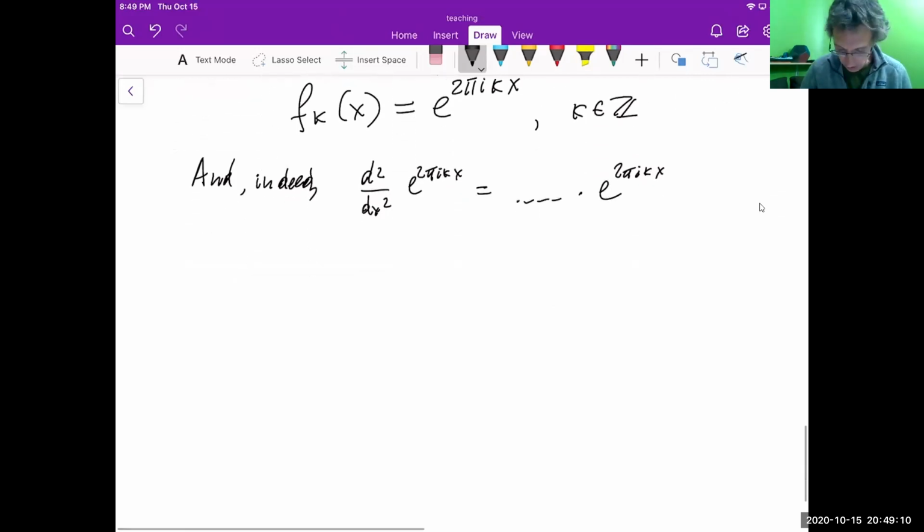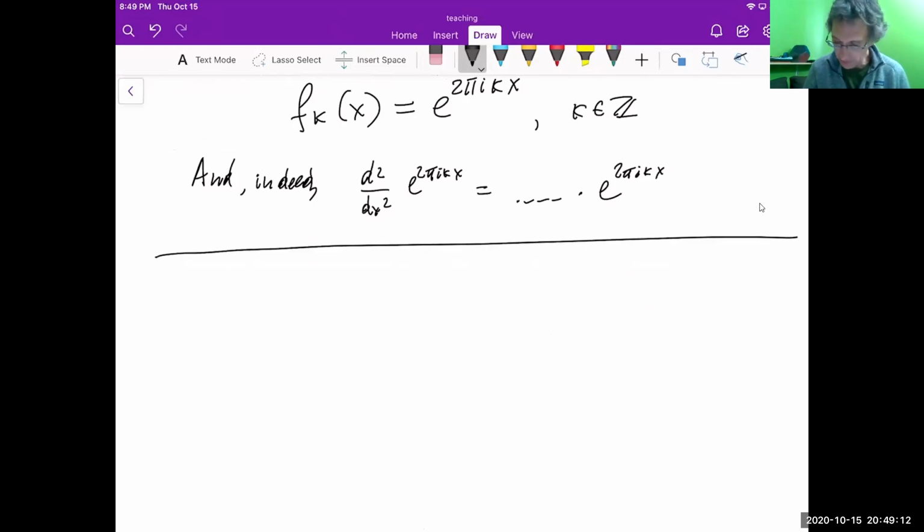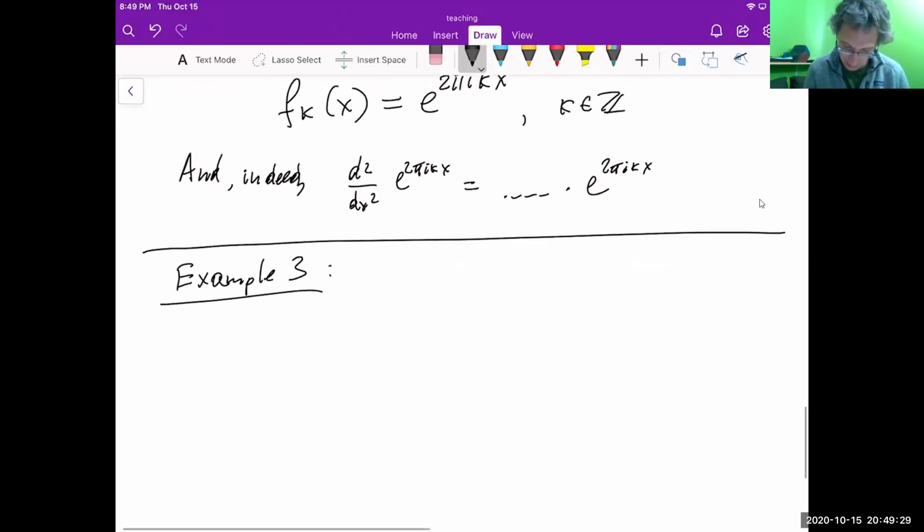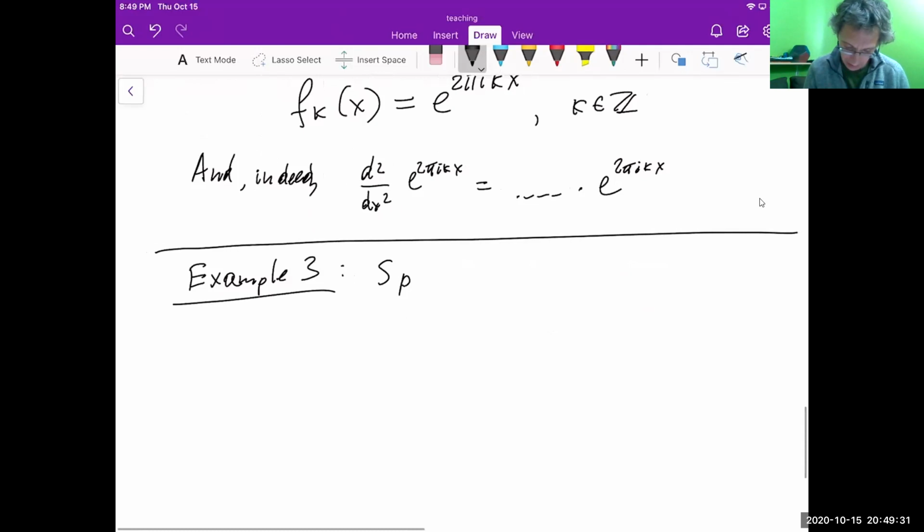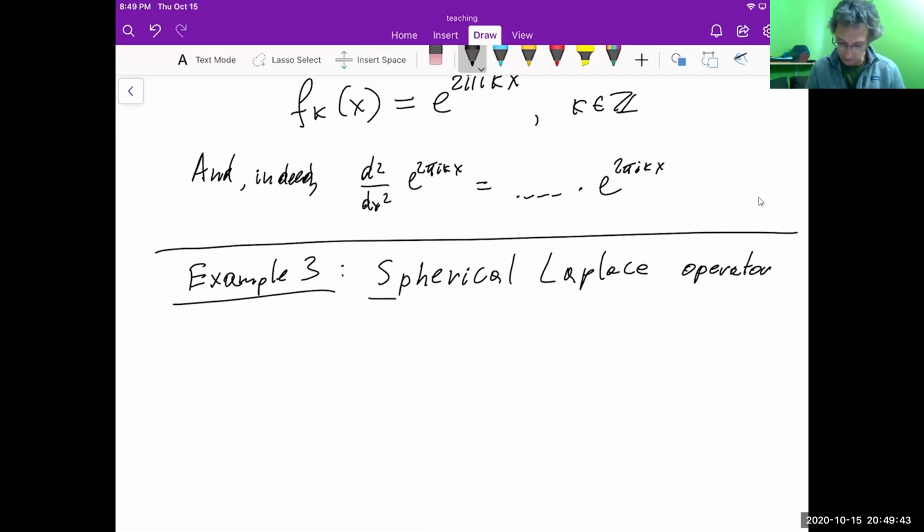Okay, but that was still a baby example. Let's do a less baby example, the real example. And this example has a name, and the name is this.